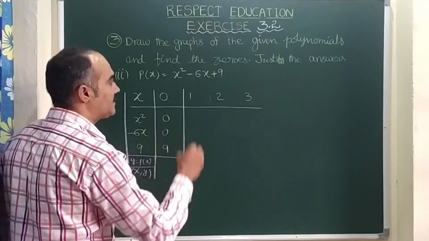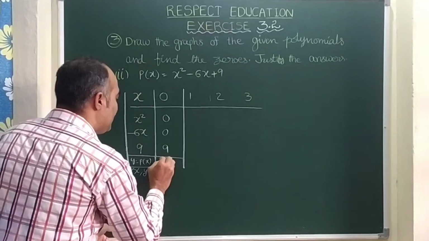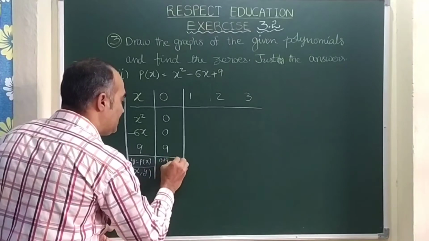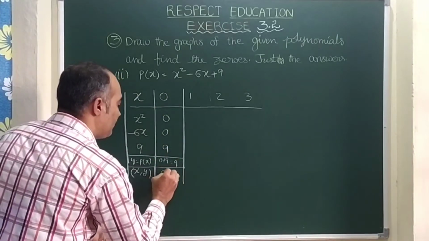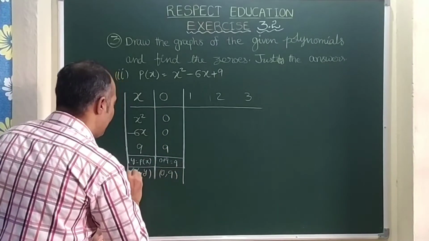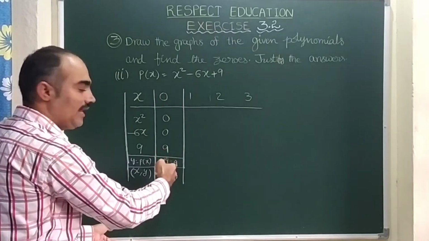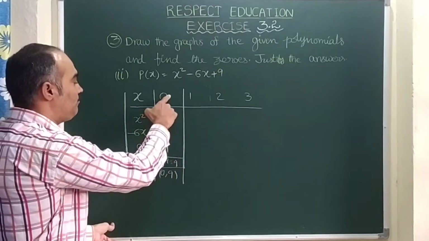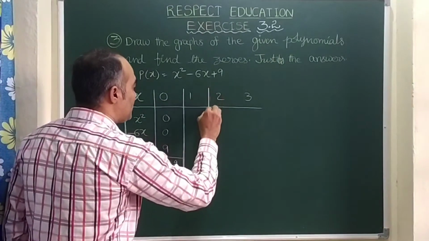Let us write 9 as it is. Now add them. 0 plus 0 is 0, 0 plus 9 means 9. So we can take x comma y as 0 comma 9. See, x value is 0, corresponding y value is 9. Just simple. Now let us go for the next one.